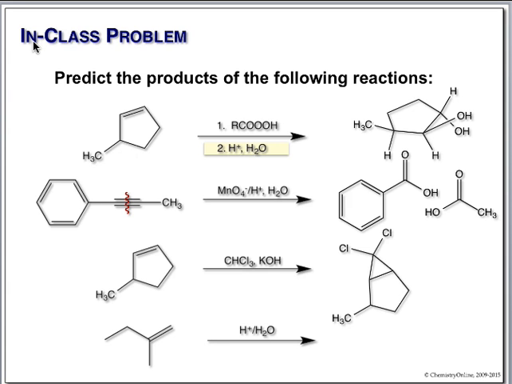The carbocation is going to be at the center that is most stable, so in this case it will be the tertiary carbon. And we're simply going to add OH to our tertiary carbocation. Product should look something like that. Simple Markovnikov regiochemistry.